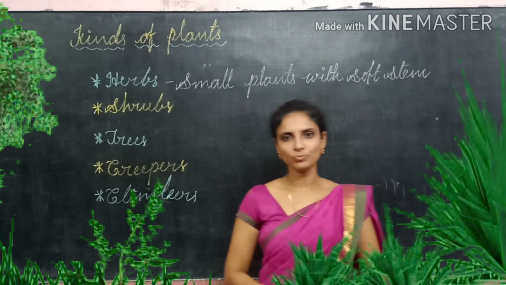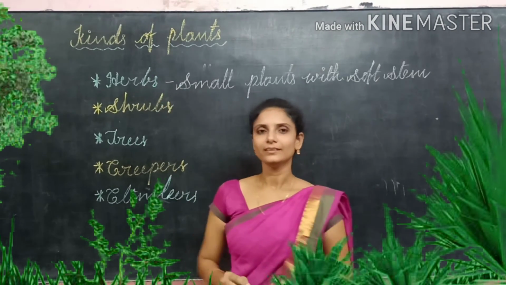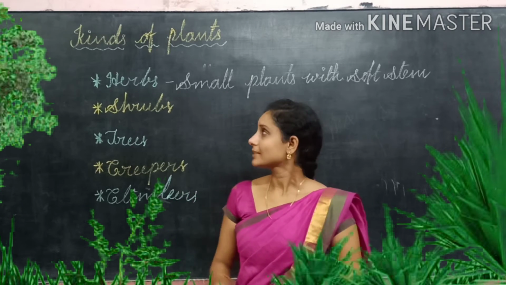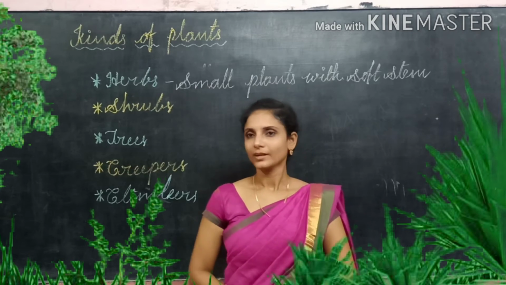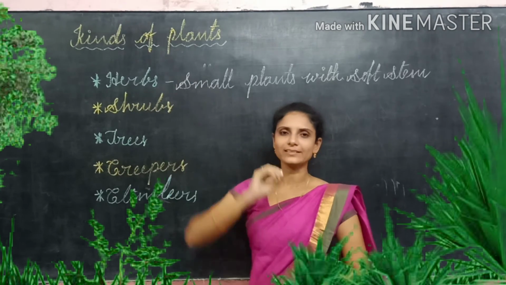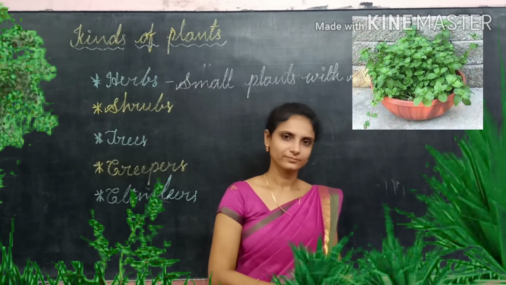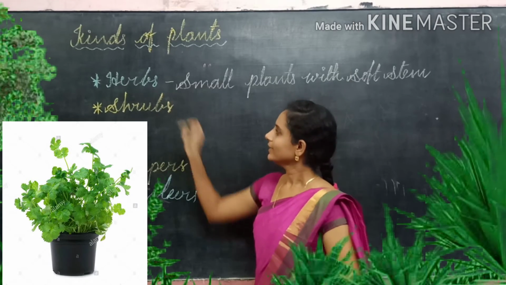These are very small plants, and some of the herbs have medicinal values, and some of the herbs we use to add flavor. What are the examples of herbs? Mint and tulasi. These are the examples of herbs.